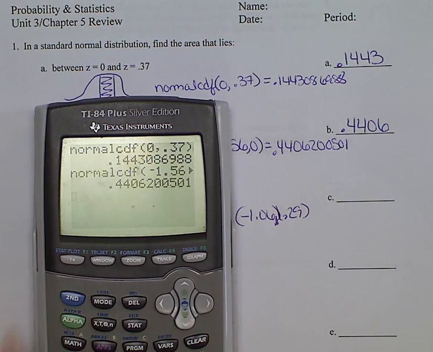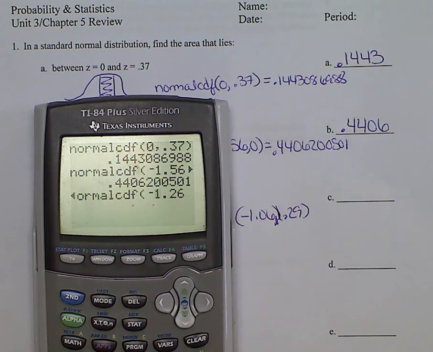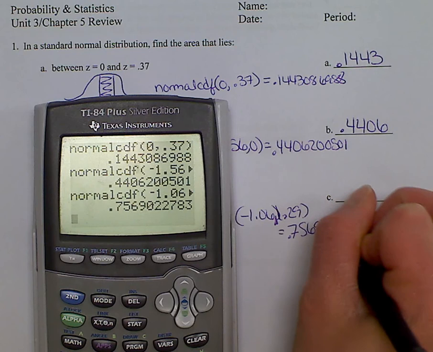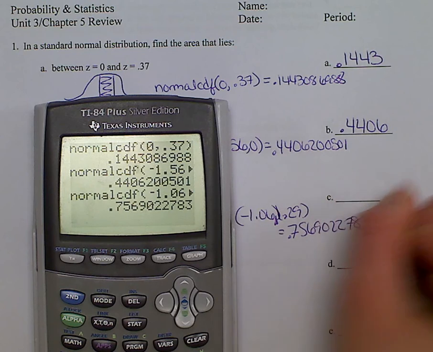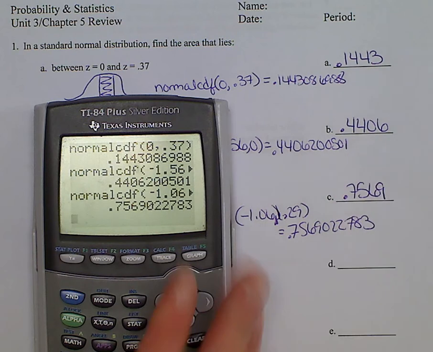Okay, so negative 1.06, comma, 1.29. We got 0.7569022783, which is 0.7569 to 4 decimal places.